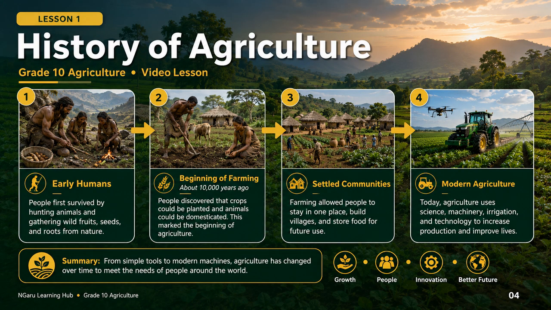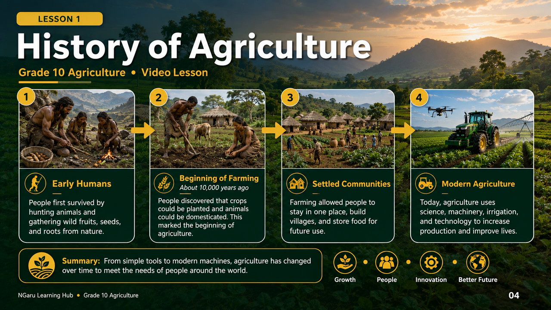Agriculture has a long history. In the beginning, early humans survived by hunting animals and gathering wild fruits, seeds, and roots. About 10,000 years ago, people discovered that crops could be planted and animals could be domesticated.